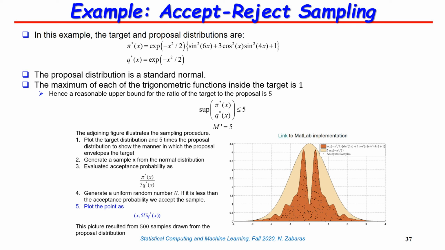So in principle, we were accepting if U times m star times q star of y is less than pi star of y.